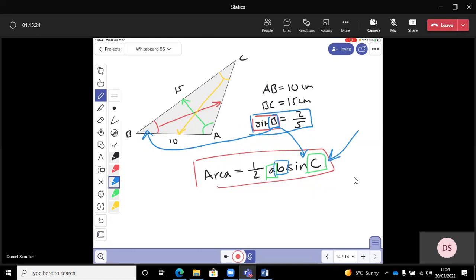That's why you need to be really clear when you're talking about matching pairs. So we are now focused on this angle here. Sine B, which is 2 over 5, will fit into this position.